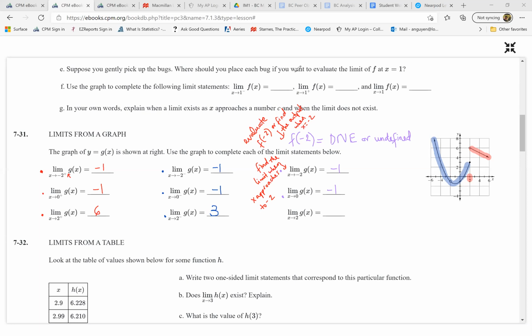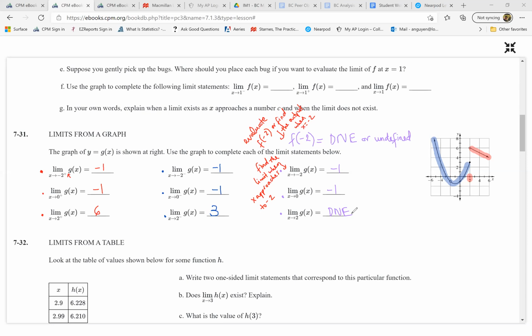Okay, unfortunately for this one, when the limit at x equals 2, we don't have a limit at x equals 2. So in this case, does not exist. How? Because we have the limit on the right side is 6, on the left side is 3, they don't agree with each other.